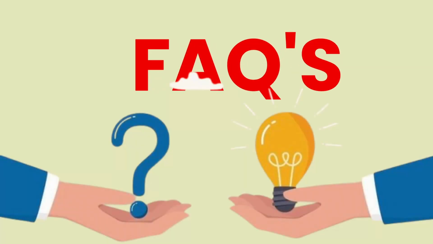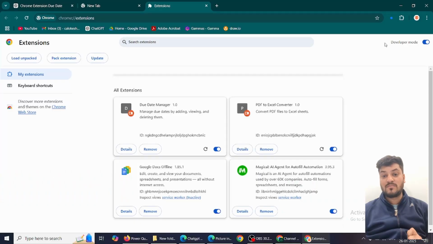And now FAQs. Number one, the most important FAQ: whenever you are creating something with ChatGPT, maybe some VBA code or other code or an extension, first don't go for complex things. What we did is very simple, we just want to add a due date and delete it.